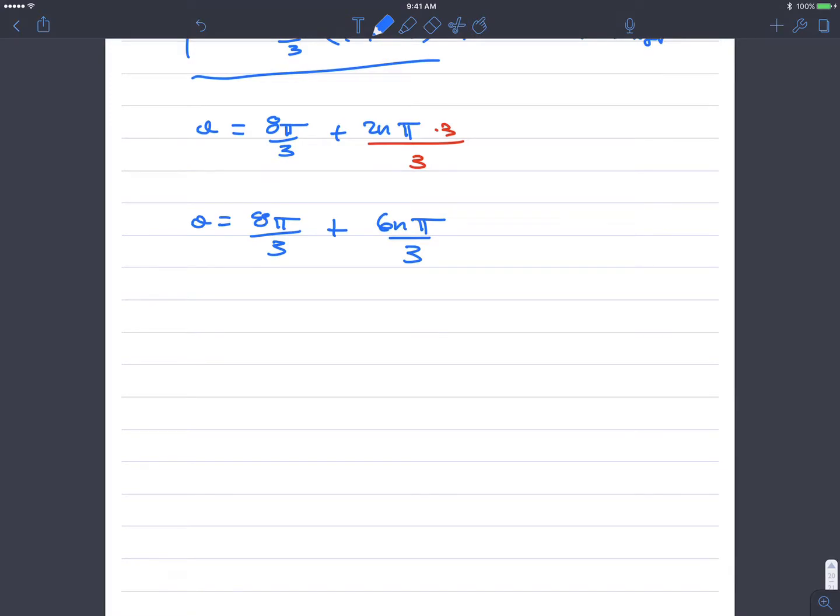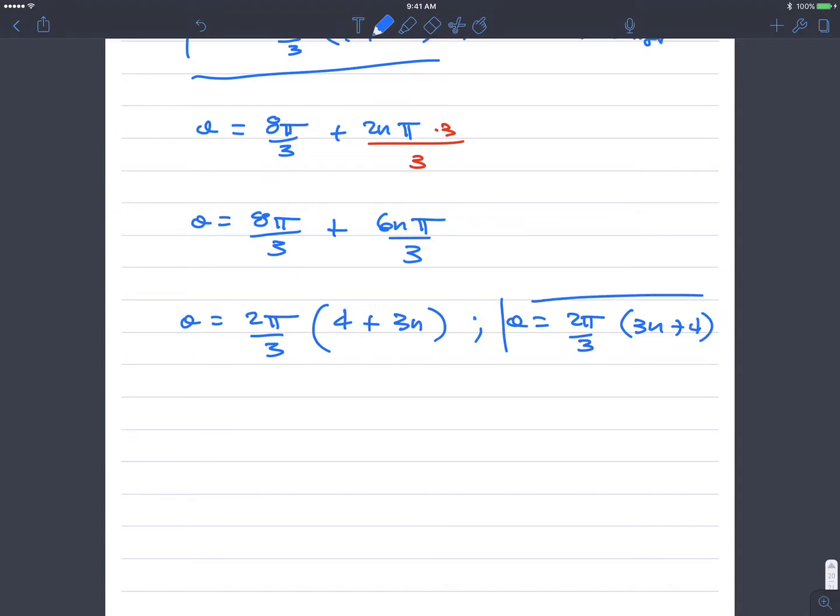And so what can we factor out? Probably a 2 pi over 3. The greatest common factor of 8 and 6 looks like it's going to be 2. So that looks like 4 plus 3n, n is an integer. So we get 2 pi over 3 times 3n plus 4. So here's the sequence answer.